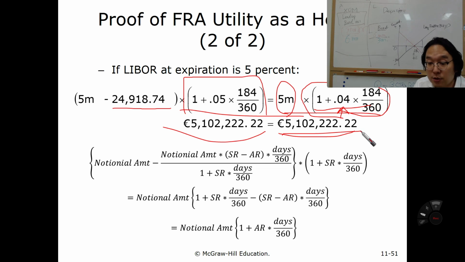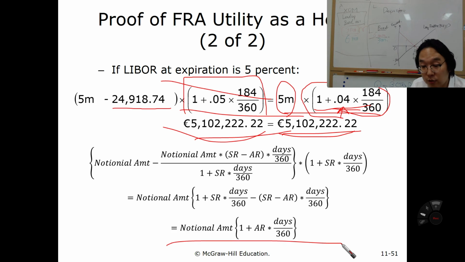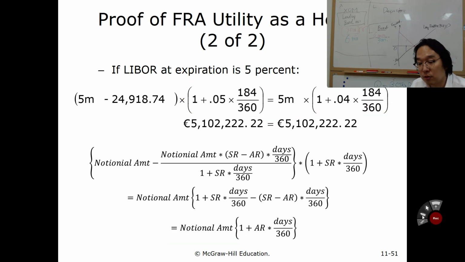So in any case, you will get a 4% return, whether the settlement rate increases to 5% or decreases to 3%. Your interest rate risk is perfectly hedged to be a 4% rate over here that you see. Okay, so that's the conceptual idea represented in some numerical exercises.